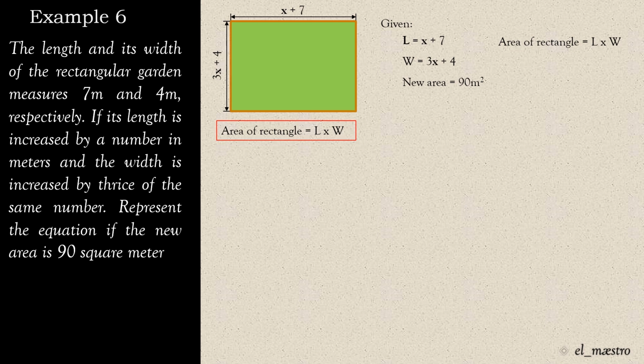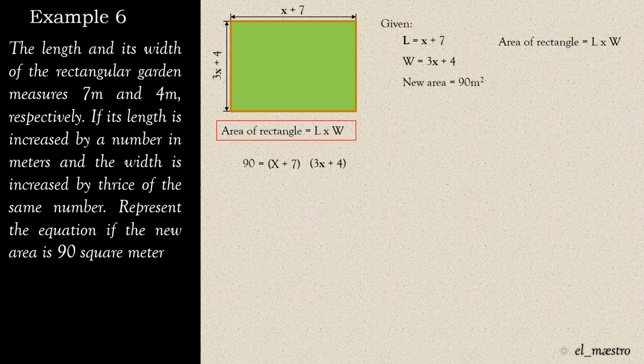So, substitute the given, okay, the new area, which is 90, is equal to the new length, which is x plus 7, the new width, which is 3x plus 4. So, by this, makita na ninyo kung giunsa nato ni siya pag-solve katong previous na mga example.